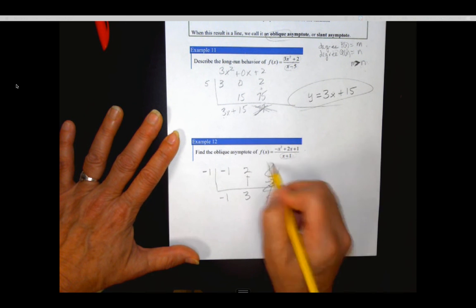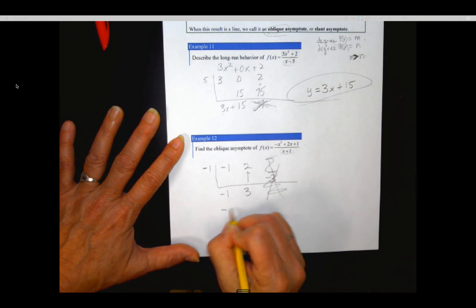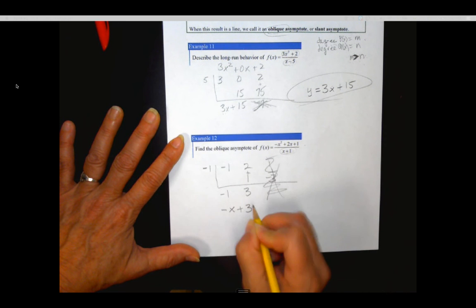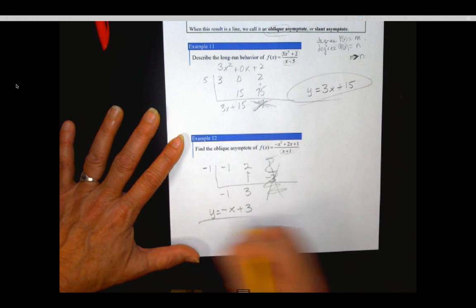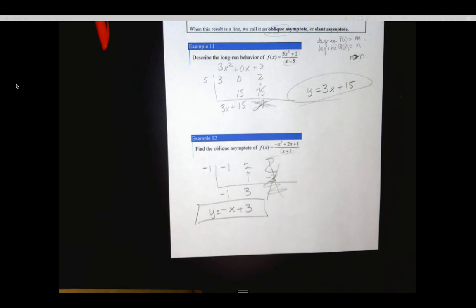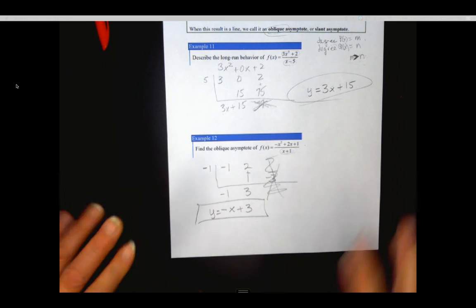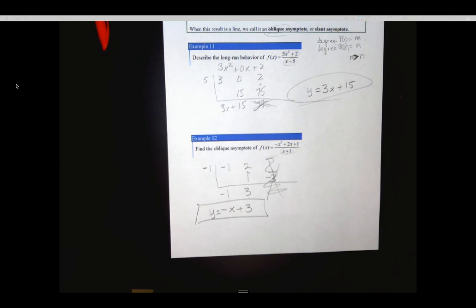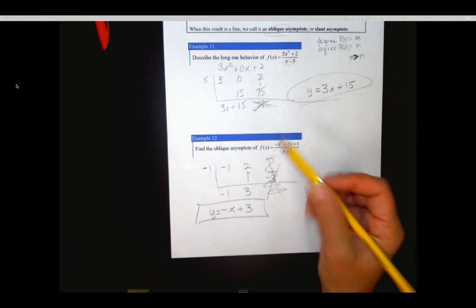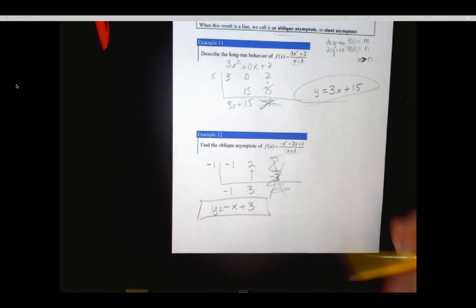That's my remainder. So now I have negative x plus 3 as my slant asymptote. Okay, I hope that makes sense. Give it a try. There are just a couple of problems that I have you do with the slant asymptote. The key is to remember you're just factoring out one power of x. Okay, have a great day, everyone.